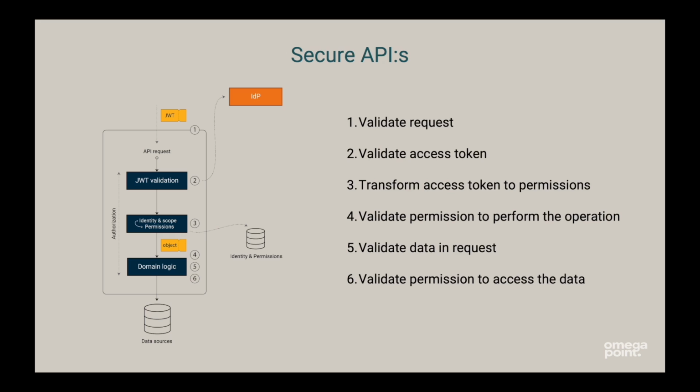And if we look at step 4, validate permissions to perform the operation. So as soon as we have our object representing the current permission set, we want to decide if it's enough to perform the operation. We like to do this as early as possible without accessing business data or consuming system resources.